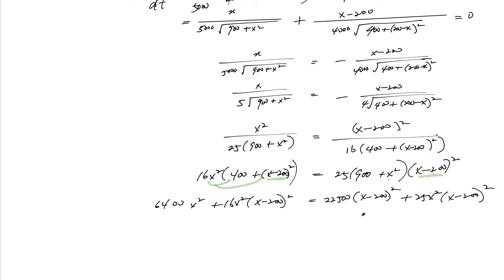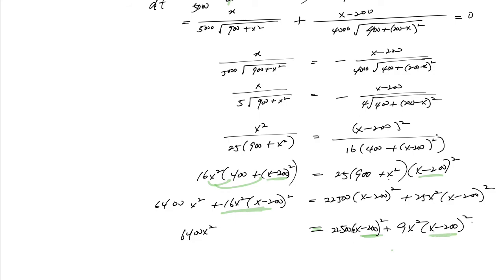Well, we can subtract both sides by that. 25 minus 16 is 9, so 9x squared. On the other side, we have 6400x squared. Okay, let's keep it there, because that's a common factor there.